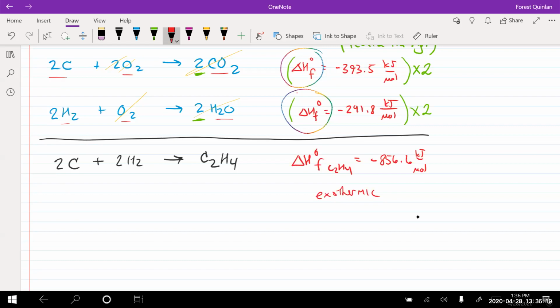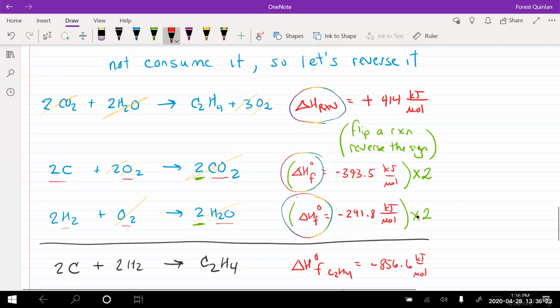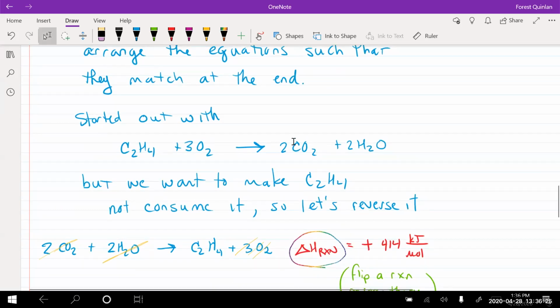Those elements would go like, no. But what you can do is say, hey, ethylene that I already know exists, why don't I burn you in the presence of oxygen, make carbon dioxide and water, use the energies that I know that these guys make to back out what you would have been. Does that make sense?